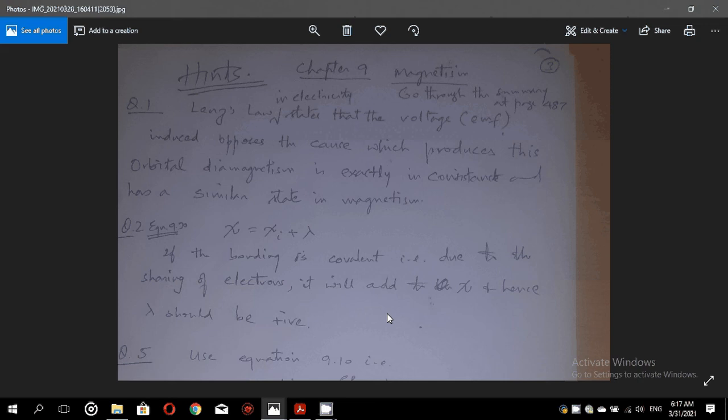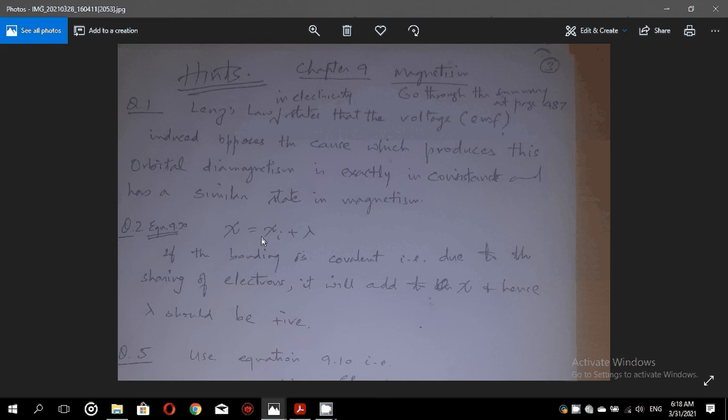So what I am saying here is that for covalent bonding, the total susceptibility must be equal to chi I, which is the susceptibility due to the core electrons apart from the outer electrons, plus this susceptibility due to the outer electrons, which induces sort of ionic nature to the molecule.